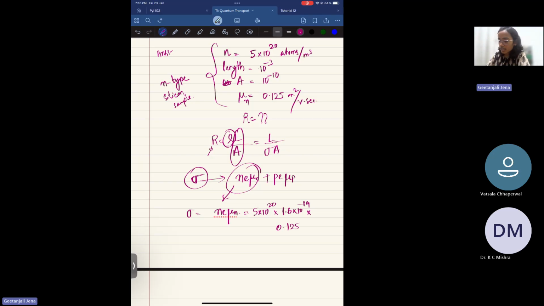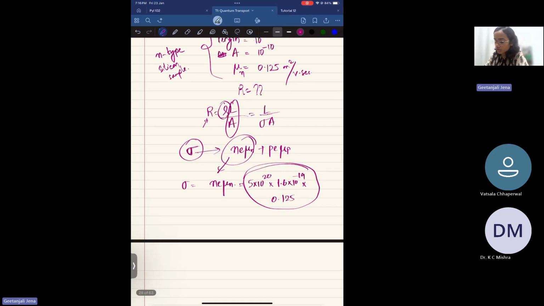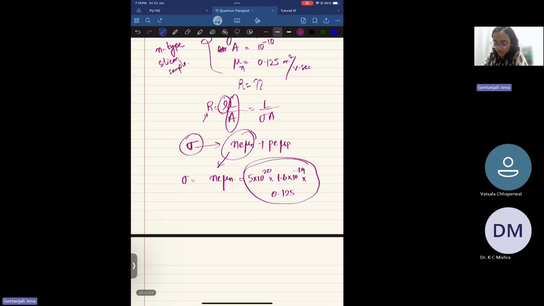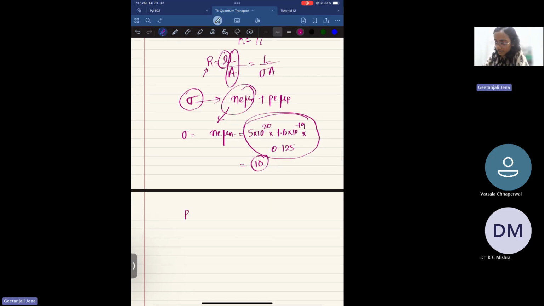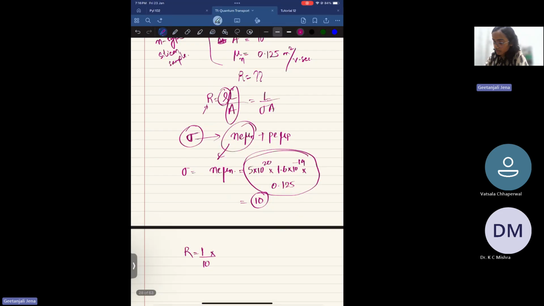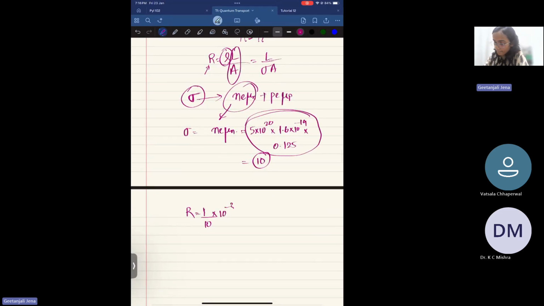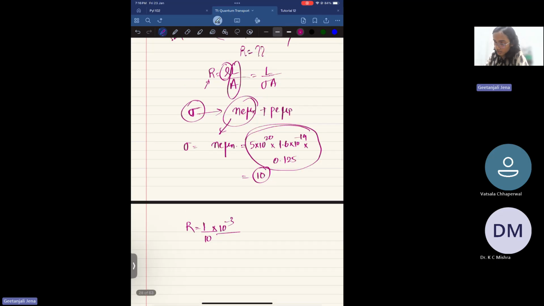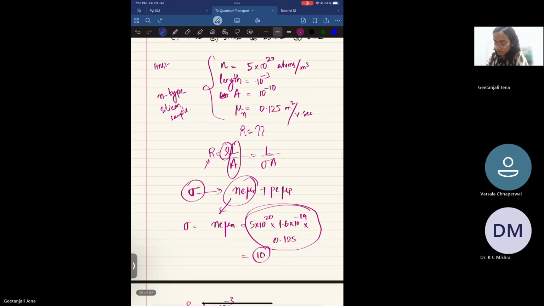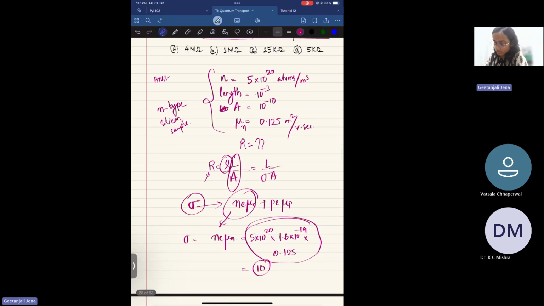For this, the units are in proper form, so we don't need to change them. If you calculate it, this will come as 10. So conductivity is 10. So R is 1 by 10, L is 10 to the minus 3, and area is 10 to the power minus 10.